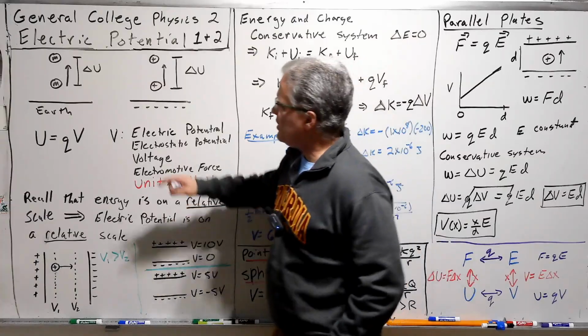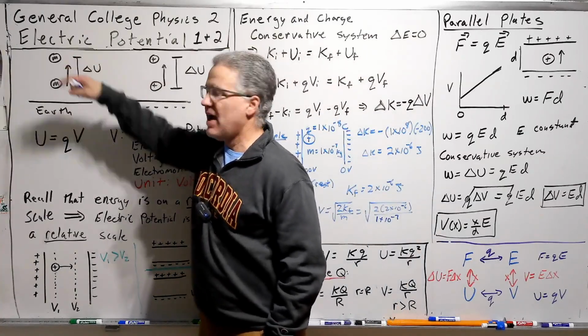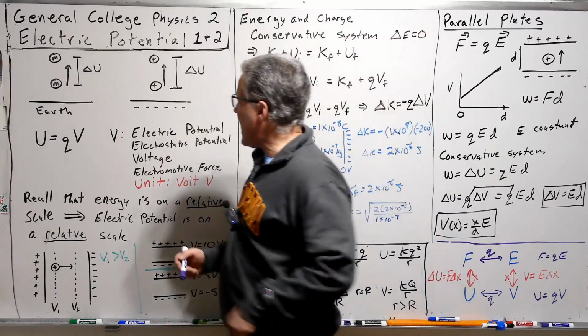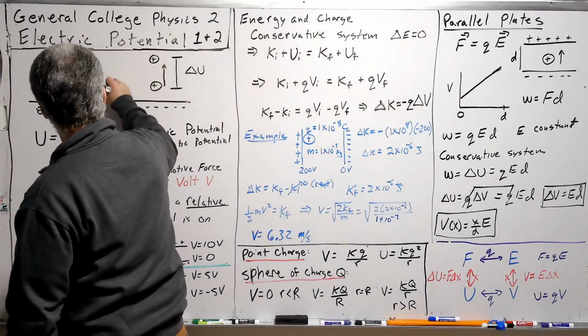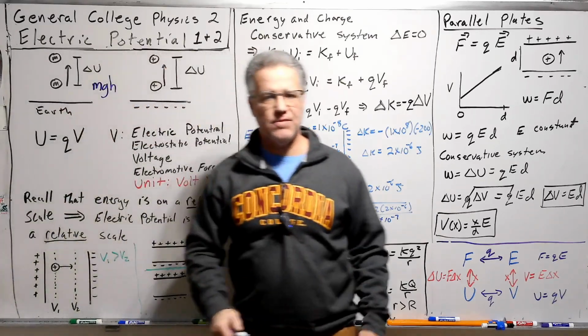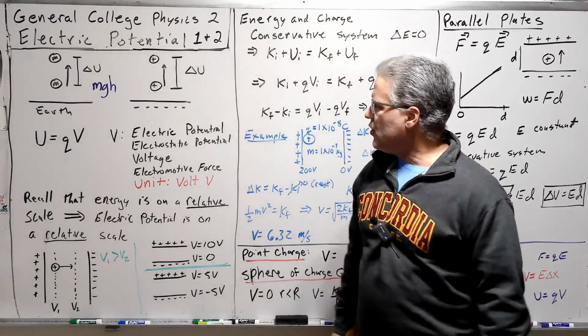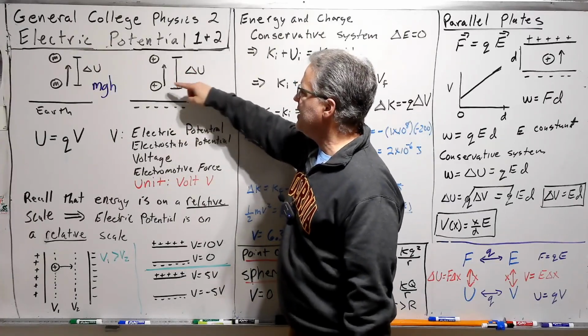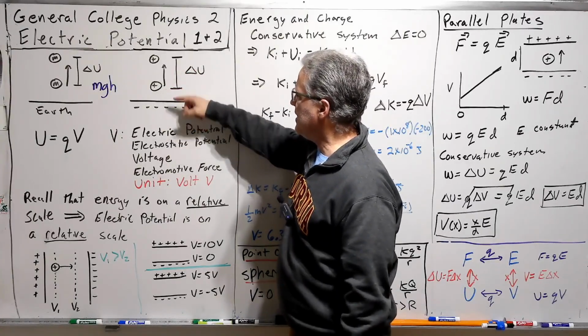And so if we change the height of this mass above Earth, we change its potential energy. And we know that that is mgh.